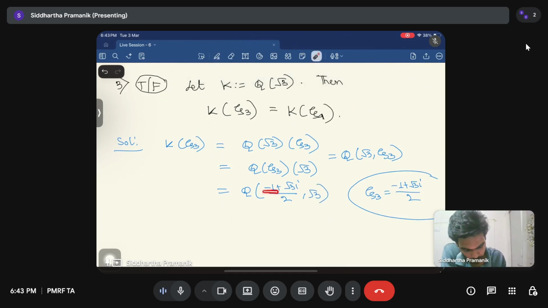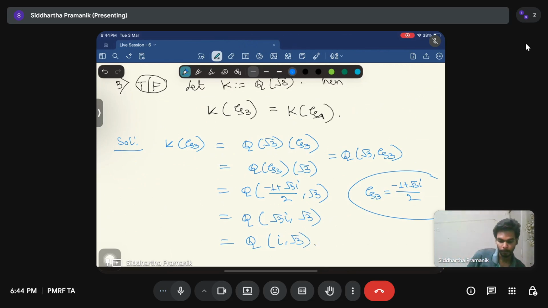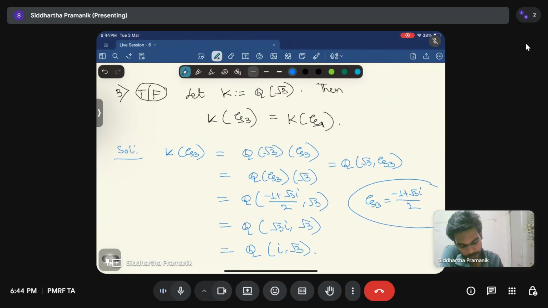But minus 1 and 2 are already in Q, so it will absorb its own elements. So this is root 3I comma root 3. But root 3 we have already taken, so this is the same as I comma root 3.